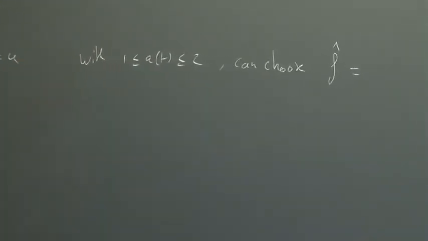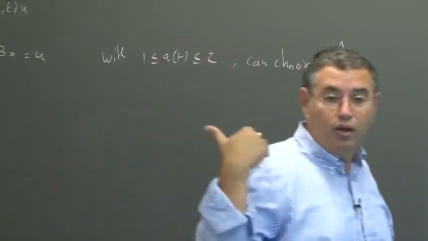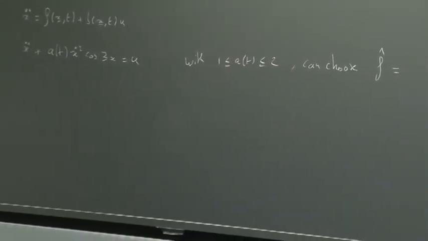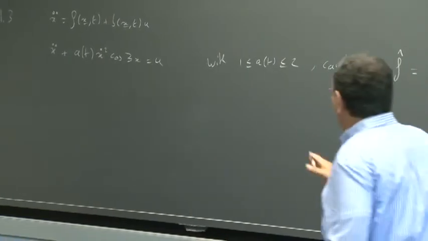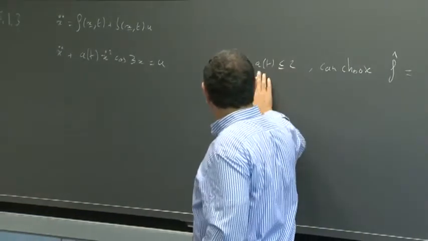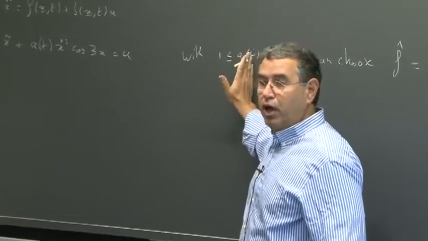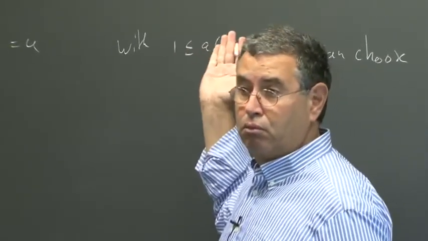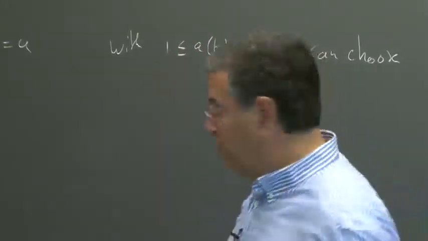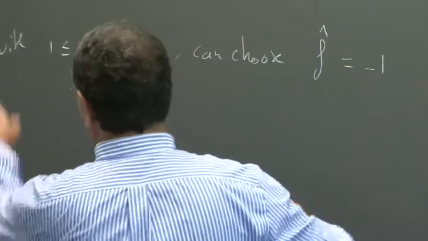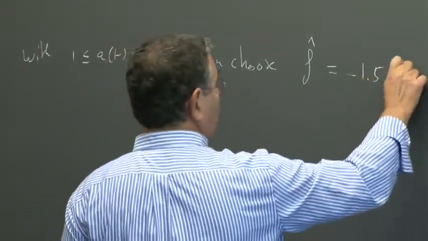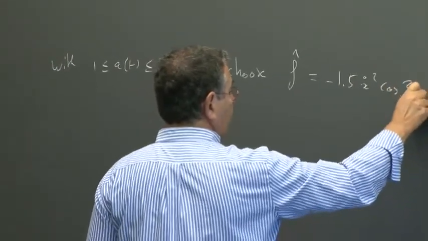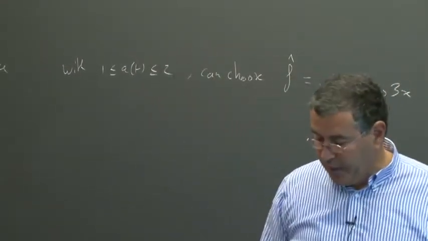You could choose f hat equals 0 if you want, or f hat equal minus 10. It's your choice, okay? But here I'm saying, how can you choose f hat so that it's a reasonable choice? Well, you could basically pick the value that corresponds to a being in the middle of its two bounds. So it would mean that f hat would be minus, because we put it on the right-hand side, 1.5 x dot square cosine 3x. Okay, so that would be f hat.